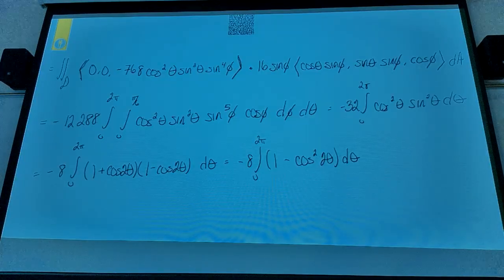You expand that out, 1 minus cosine squared of 2 theta. Then use reduction identity again, a half, 1 plus cosine of 4 theta. So 1/2 plus a half cosine of 4 theta. One minus a half is a half, right? And then we can factor out the 1/2.